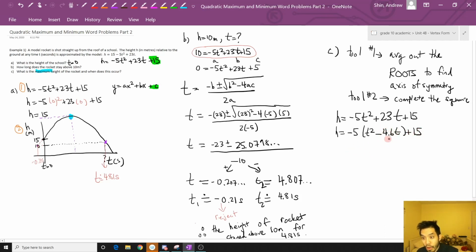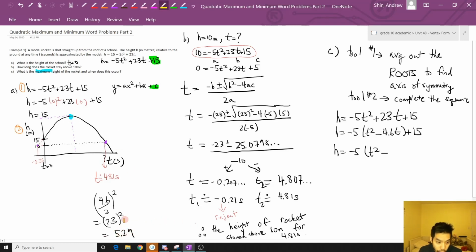After that, we have to half this value and square it in order to make a perfect square trinomial. Take the b value, 4.6, divide it by 2, and square it. Half of 4.6 is 2.3, and 2.3 squared is 5.29.